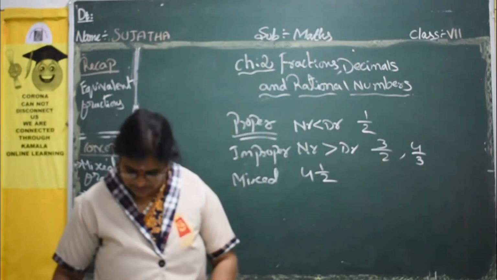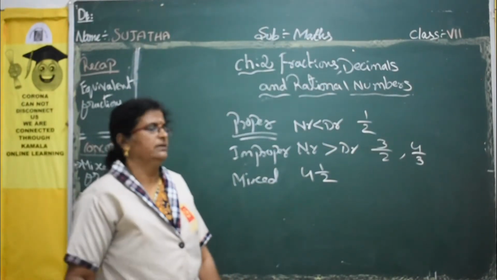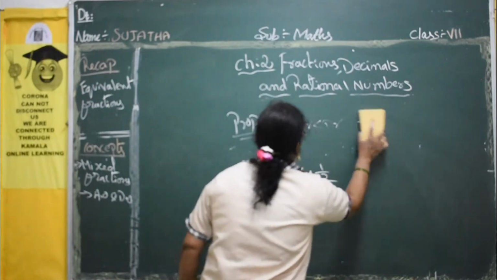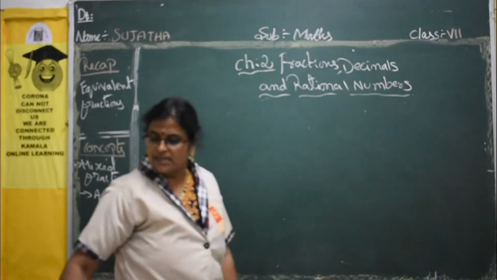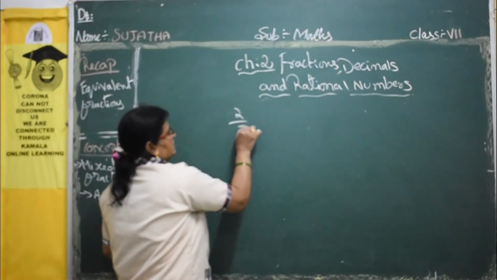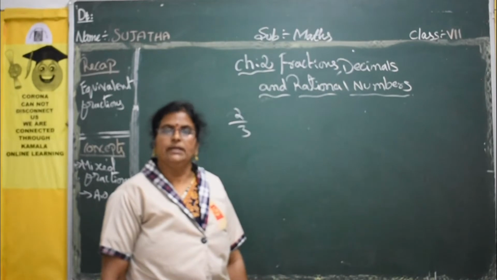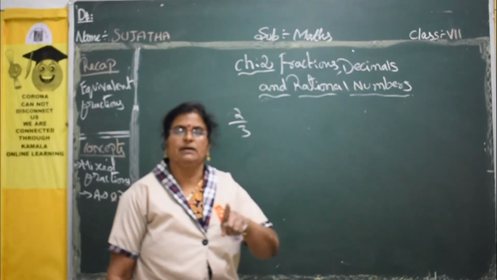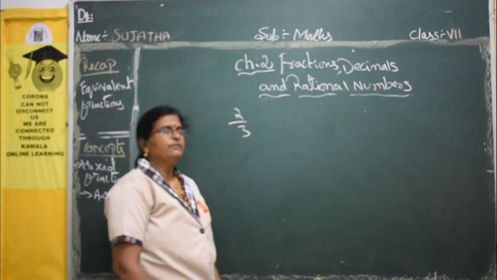This we studied in the previous session. Now equivalent fractions also we studied. How will you get the equivalent fractions? For example, 2/3. How will you get the equivalent fractions? The numerator and denominator should be multiplied by the same number. Then only you will get the equivalent fractions.